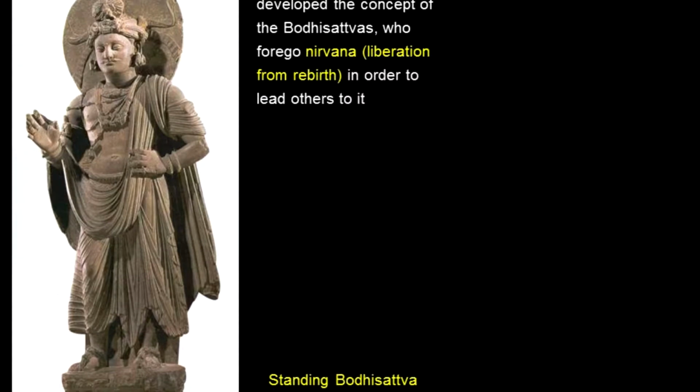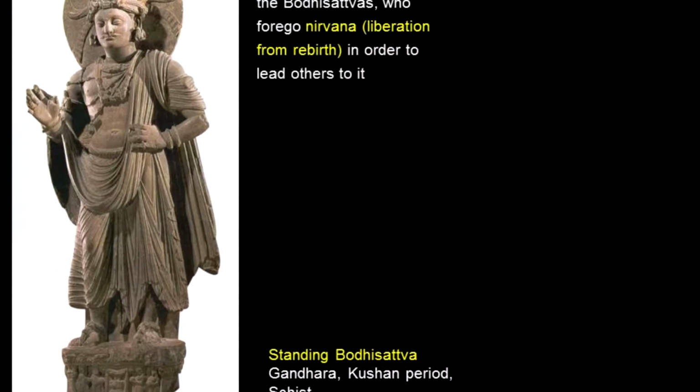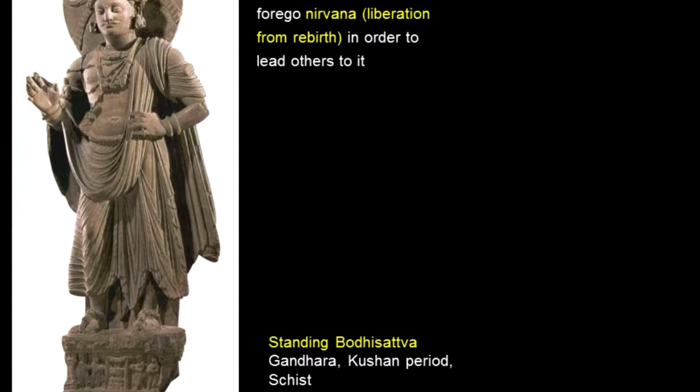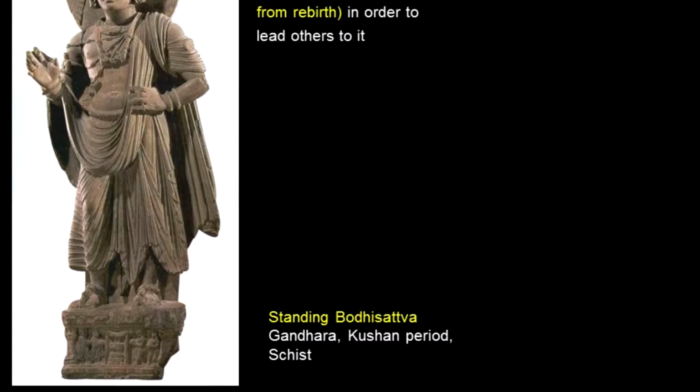Now this particular bodhisattva, how do you know it's a bodhisattva and not a Buddha? There's more jewelry on the bodhisattva. That's obvious, right? He is still a man of the world. He has not achieved nirvana yet, or even enlightenment.